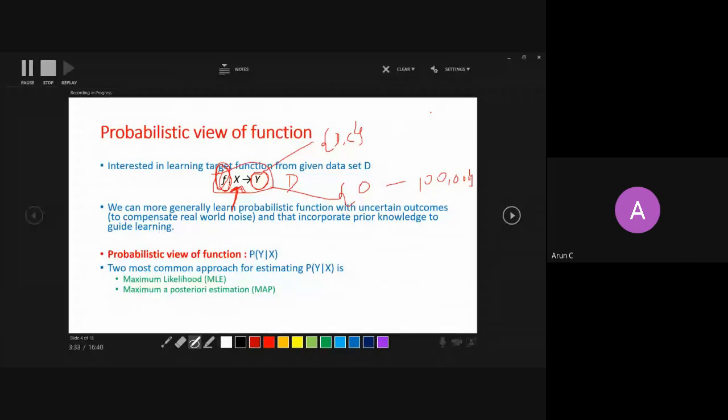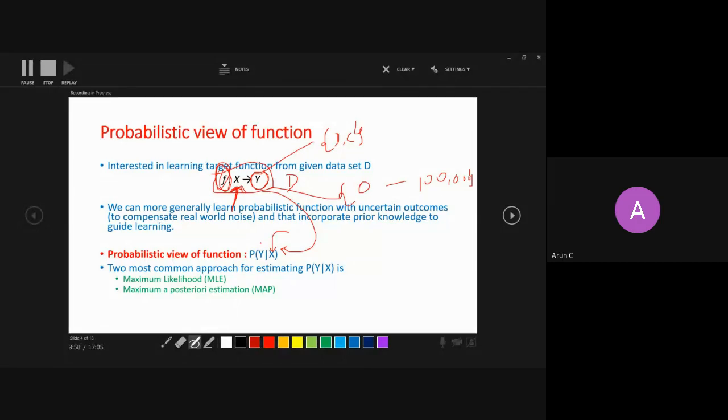So to bring that more realistic thing into the picture, rather than using deterministic functions, we come to probabilistic modeling, right? So it is a probabilistic view of a function. Given an image of a dog, you say that with 0.8 probability it is a dog, but with 0.2 probability it is a cat.